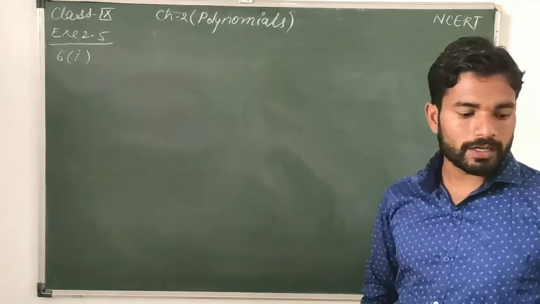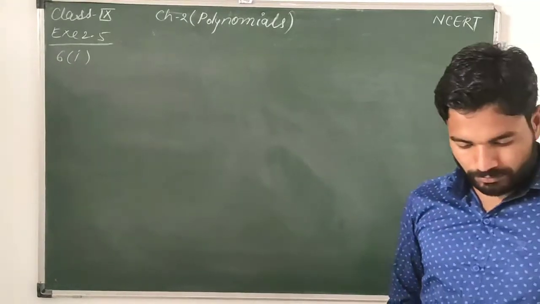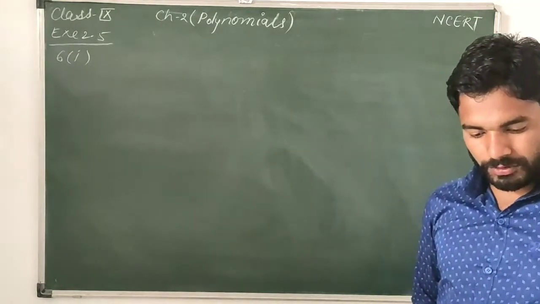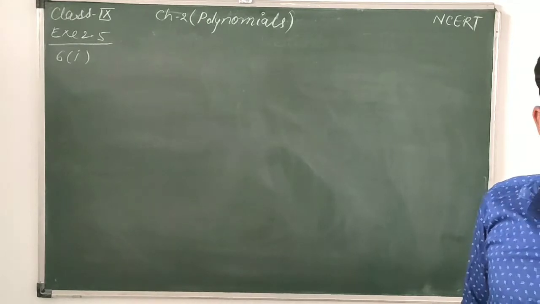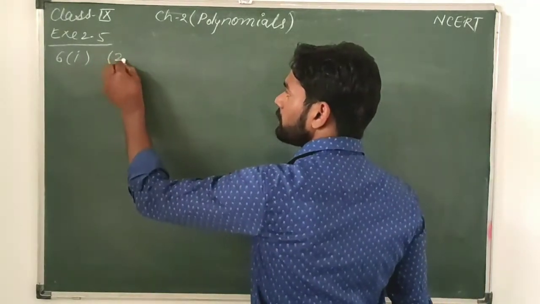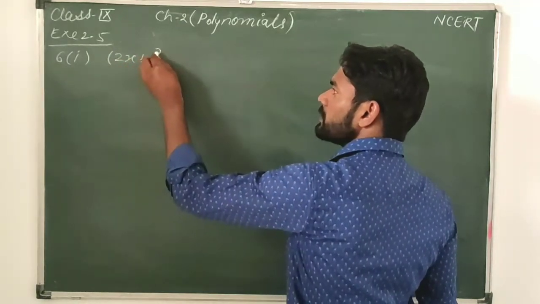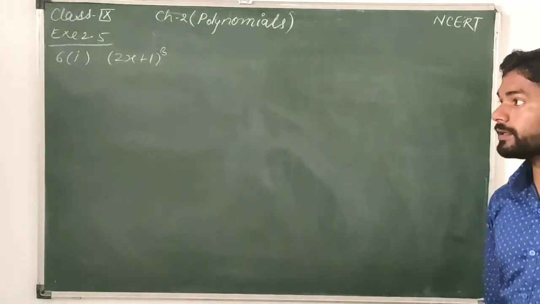So let's start with part first of question number 6, which is (2x + 1) whole cube. Expand the following.